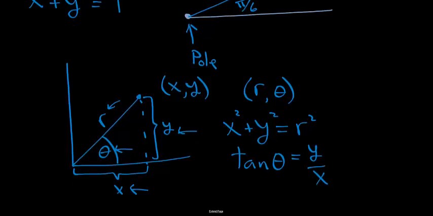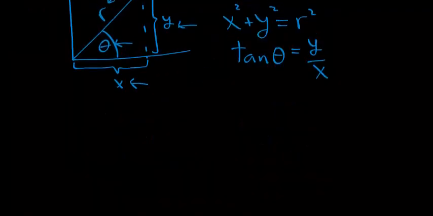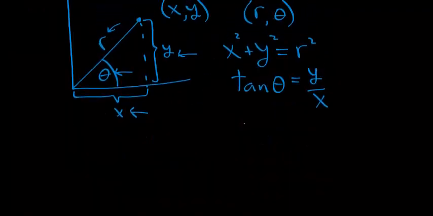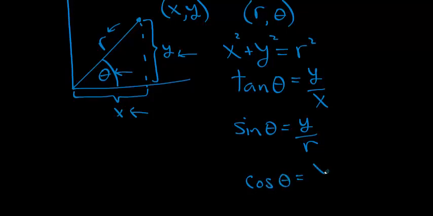Now, also, relationships that we've looked at before. We've said sine of theta equals y over r, and cosine of theta equals x over r, right? Just sine is opposite over hypotenuse, cosine is adjacent over hypotenuse, so we have these relationships.